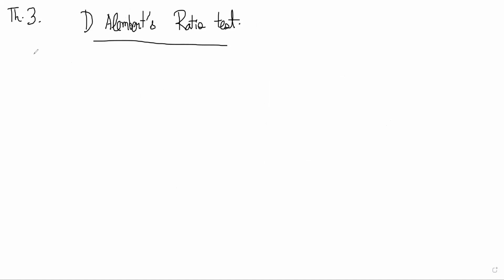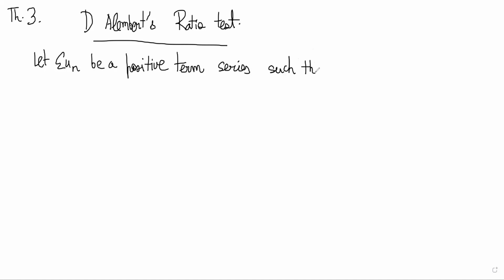It says let un be a positive term series such that the limit as n tends to infinity of un plus 1 by un is equal to L. This is a positive term series. The ratio is equal to L.